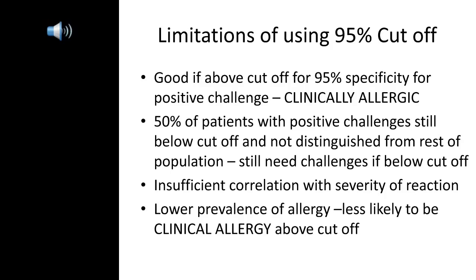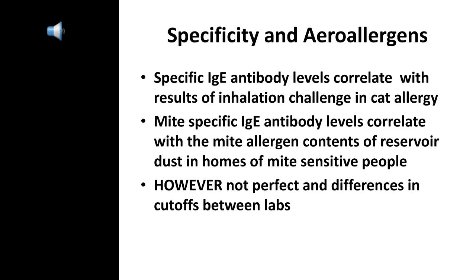And the next problem, as I alluded to before, is that if you take a low prevalence population and screen, then you're less likely to have a clinical allergy, even if you're above the cutoff. So it wipes everything out if you don't have the right population. Allergens, I'm not going to go into, but with this cutoff principle, yes, it sort of works.